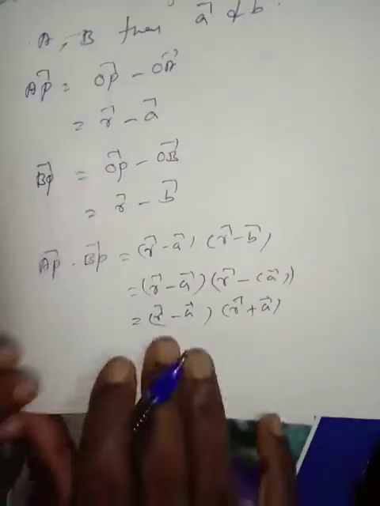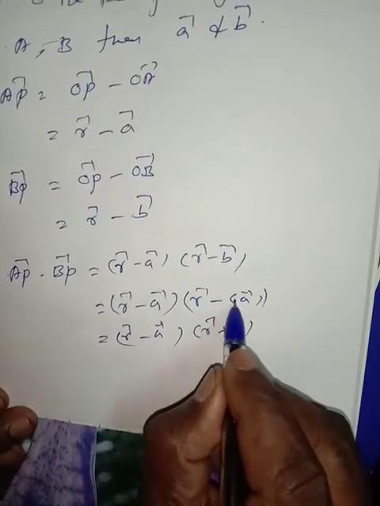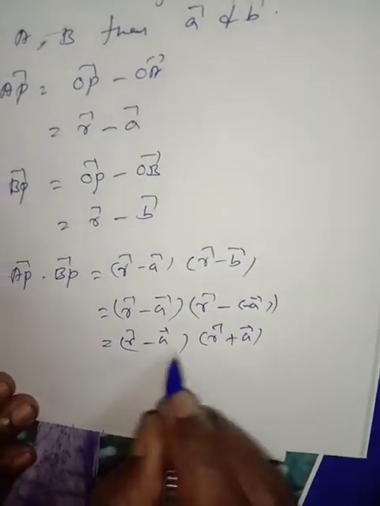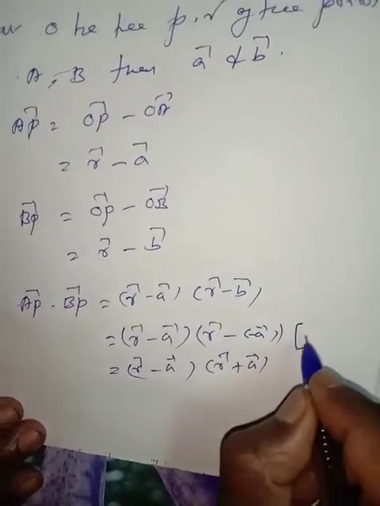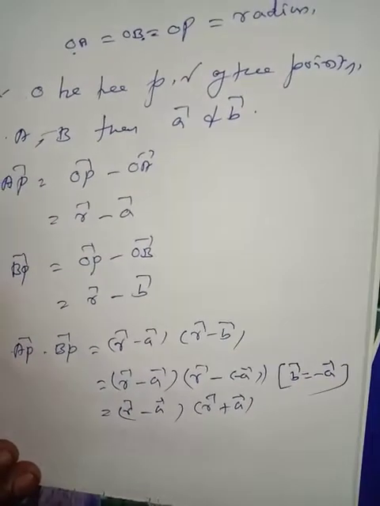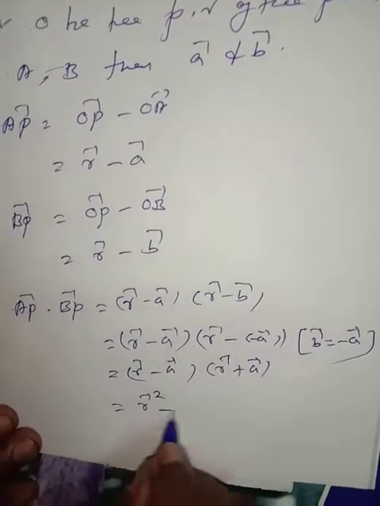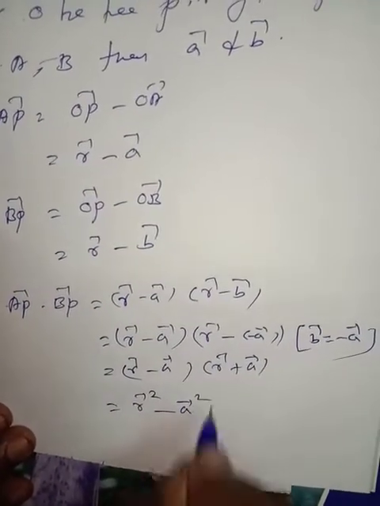A plus B, A minus B, A square minus B square, minus of minus positive. Now since B vector is equal to minus A vector, A plus B, A minus B is R vector whole square minus A vector whole square.